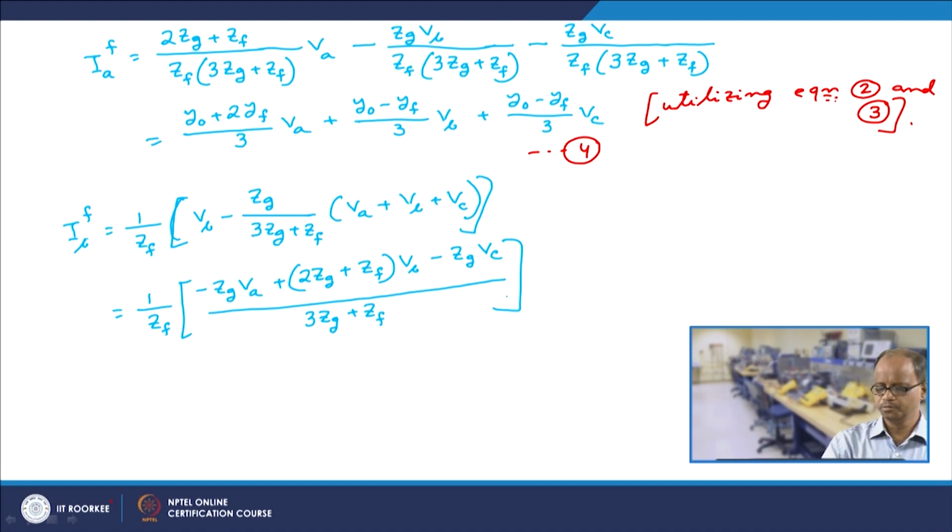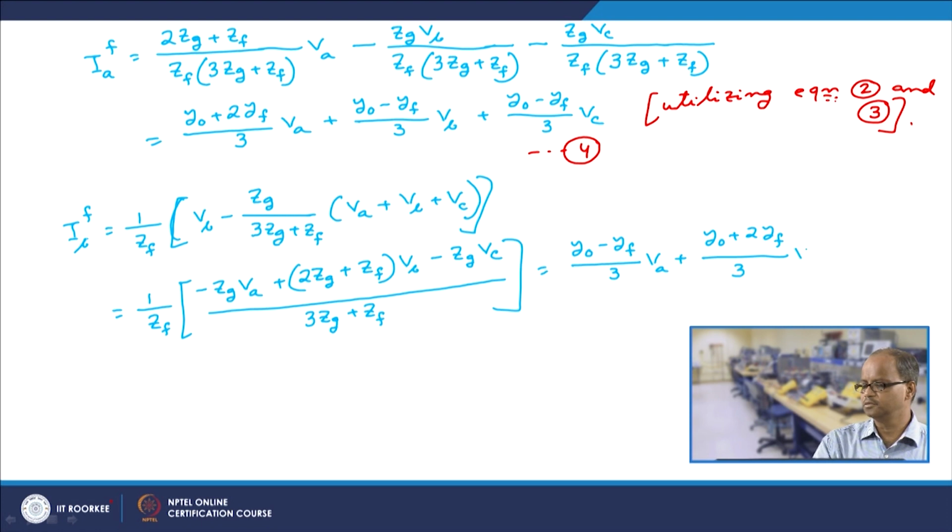So it will turn out to be y0 minus yf by 3 VA plus y0 plus 2yf by 3 VB plus y0 minus yf by 3 VC. So this is equation 5.